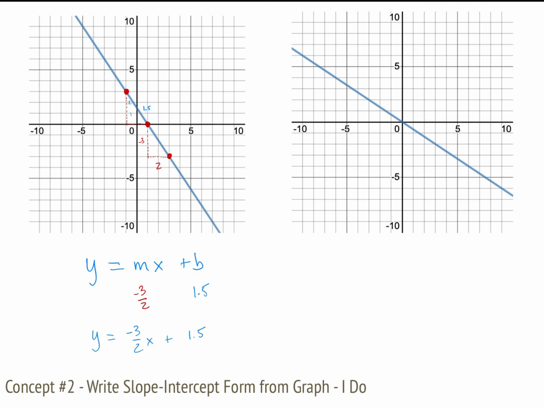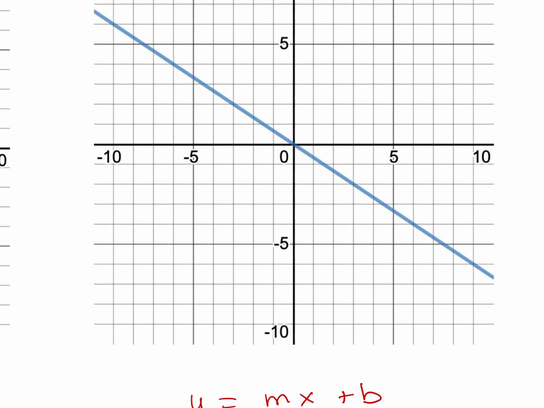Now, same thing for this other one, right? I have slope-intercept form, y equals mx plus b. I need to pull the slope and the y-intercept from the graph. I go to my graph. I try to find 3 points just because then I know that I can see it working consistently more than once. And I just see, okay, it's down 2. So down 2, which because it's going down, it's negative.